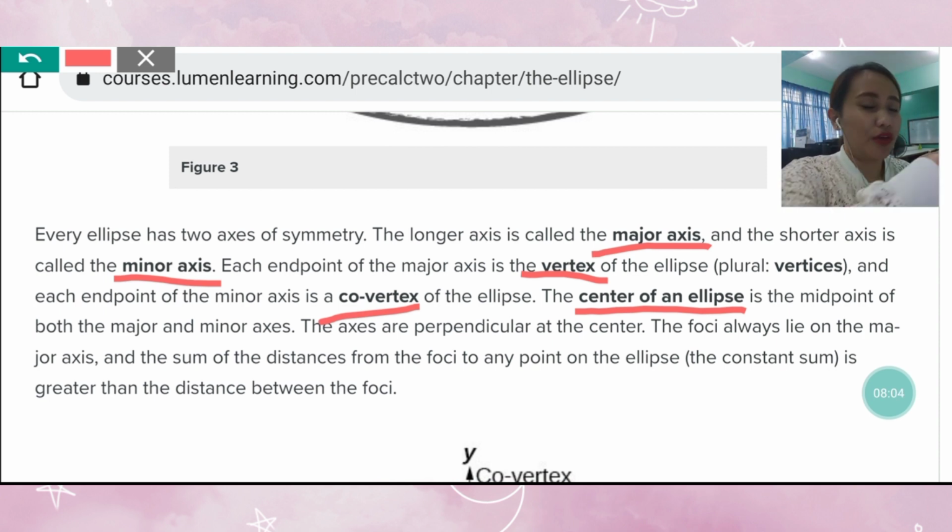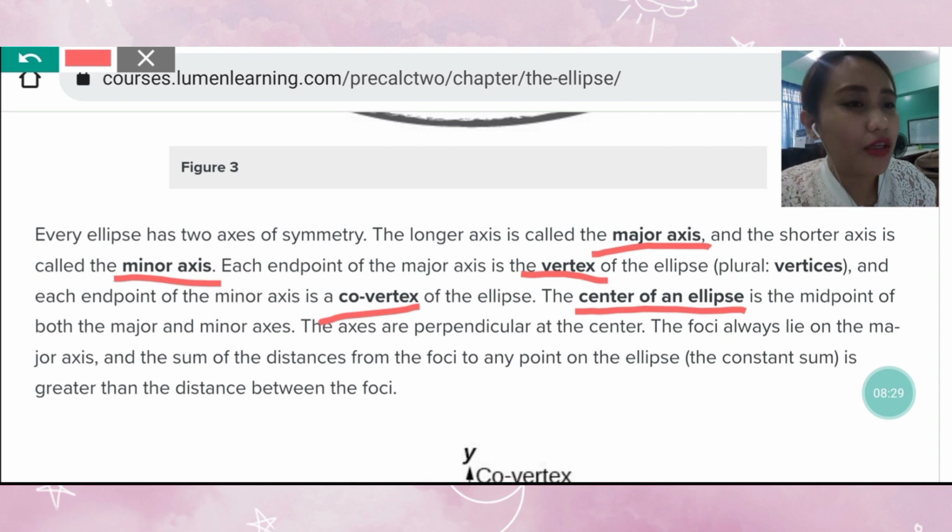So if we have a horizontal major axis and a vertical minor axis, their meeting point, or the point where the two axes intersect, is called the center of the ellipse. And the axes are perpendicular at the center. Perpendicular meaning they will form a 90-degree angle.